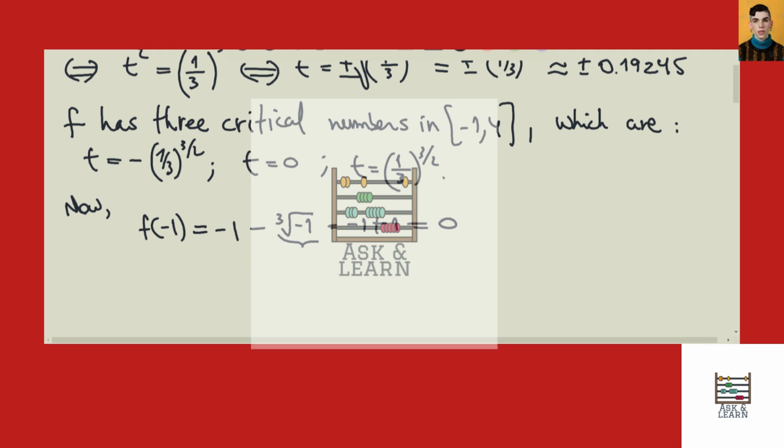Now f at 4, which is the right endpoint of the interval, is 4 minus cubic root of 4, and this is about, in order to have an idea of the value, 2.412598948.